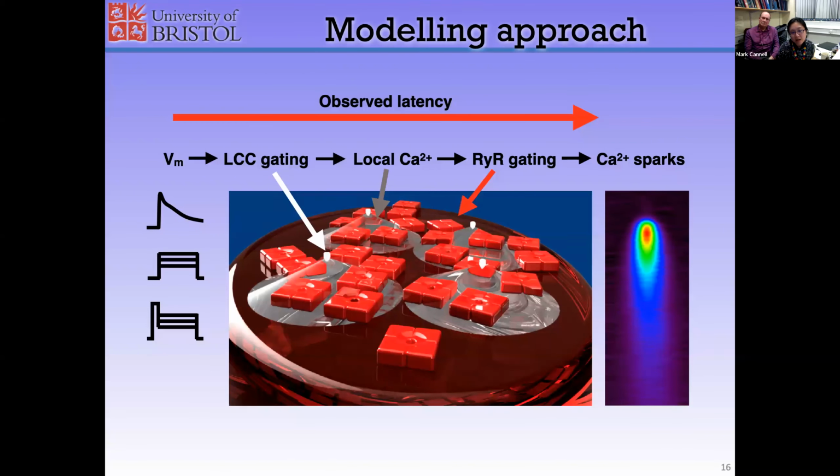And then L-type calcium channel gating, RYR gating, and how calcium develops in the dyad were calculated using data from published studies. This model then calculates how these events happen, and then calculates calcium spark latency.